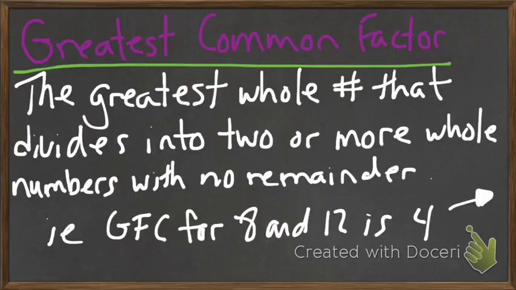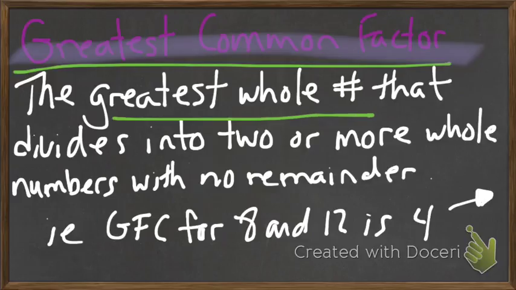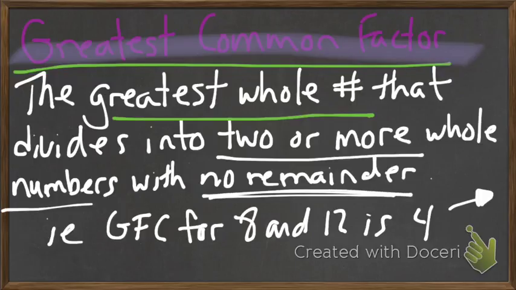So, definition of greatest common factor. The greatest whole number, remember we're only dealing with whole numbers right now, that divides into 2 or more whole numbers with no remainder.